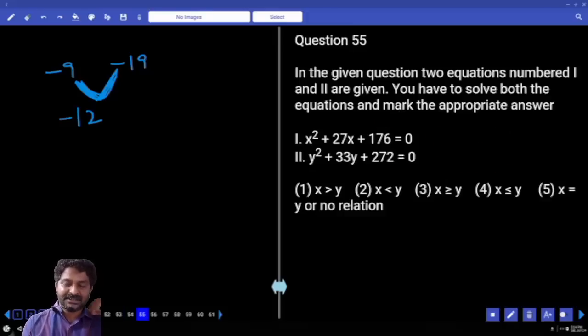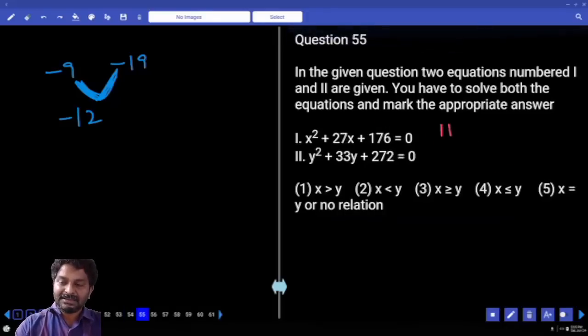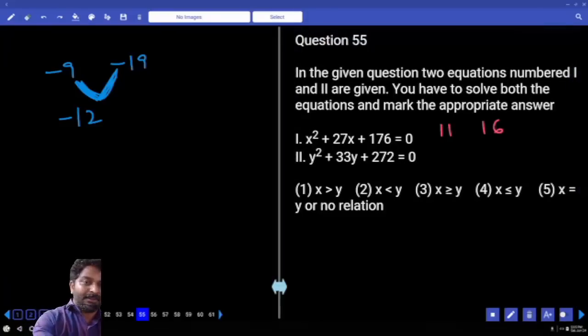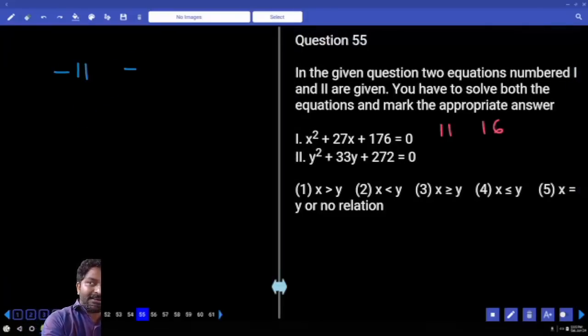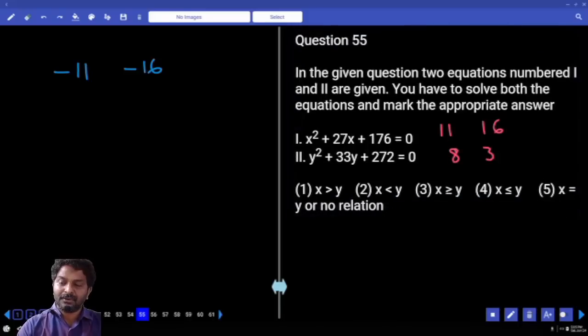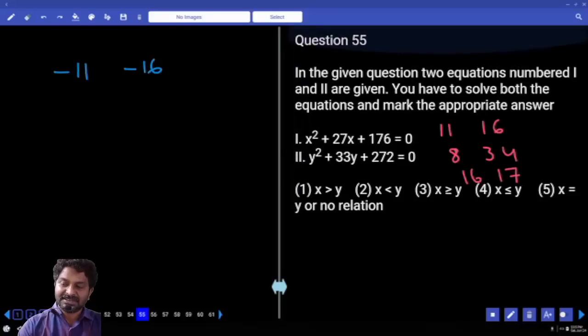Come on. 176. This is a product of 11 and 16 only. Factors are minus 11, minus 16. 272. This can be written as an 8 multiple. 8 times 3 is 24, 4 times. This can be written as 17 into 2, then it is 16.